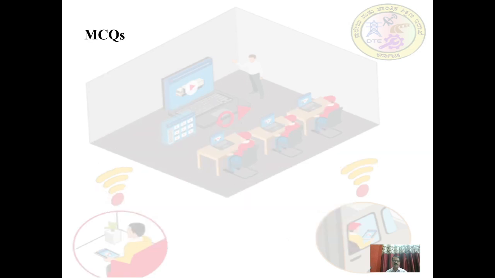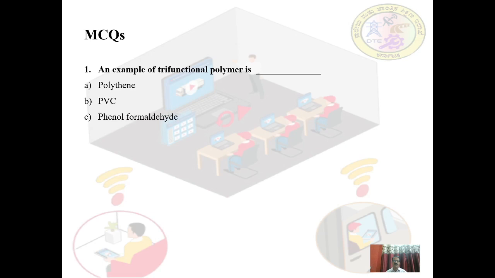We'll see some of the MCQs in this one. An example of trifunctional polymer is: option A polyethylene, B PVC, polyvinyl chloride, C phenol formaldehyde, and D none of these. The right answer is option C, that is phenol formaldehyde.